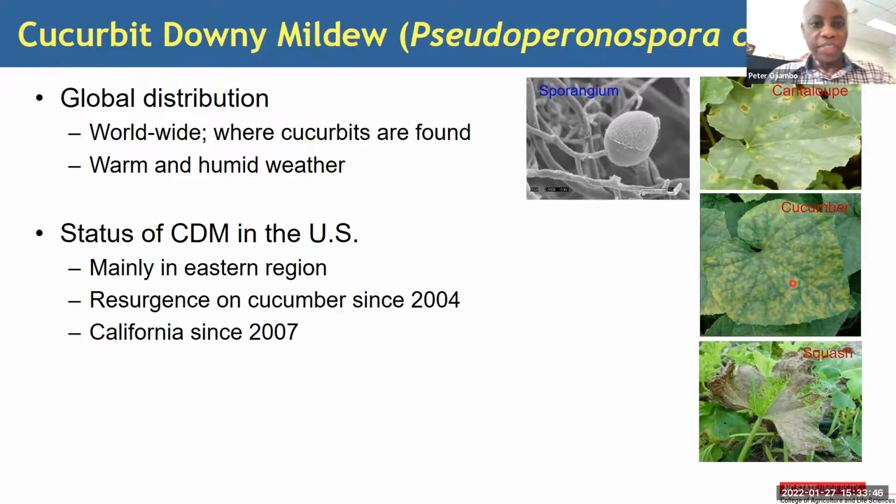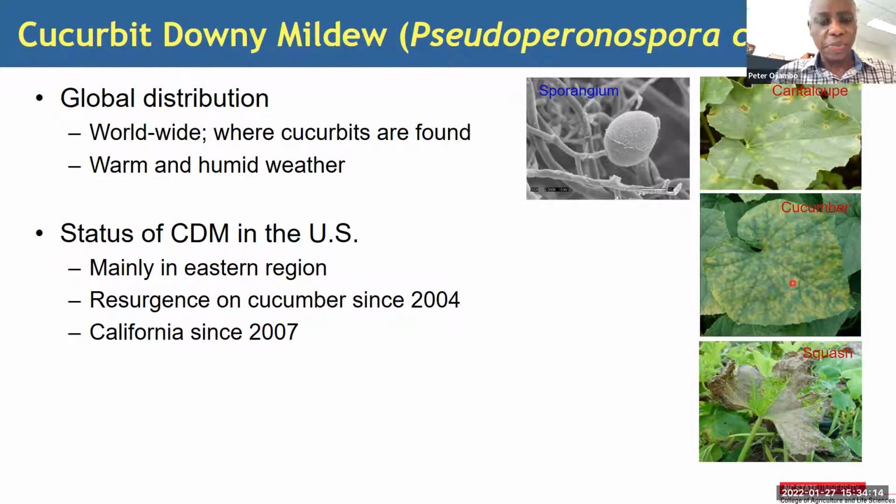So what's the status of the disease in the United States? It's primarily a major problem in the eastern part of the country because that's where the conditions are conducive for the disease. In 2004, there was a resurgence of the disease, primarily on cucumber. A lot of this had to do with the introduction of a new strain of the pathogen that was able to overcome resistance that had been very effective for the last 40 years.